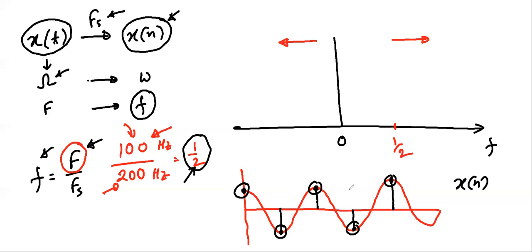Now, if we want to recapture our analog signal, let's say xt hat, because that is not the exact xt, we are just considering that we want to capture the frequency, not the amplitude.